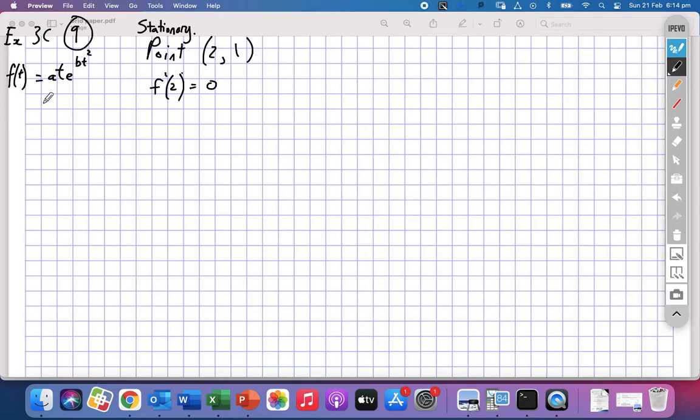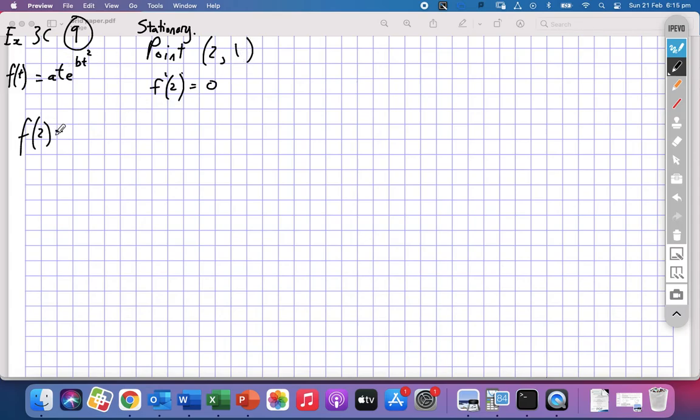Now, I like to do this before the derivative, but the order doesn't really matter. If they're giving me a point, and I've got unknowns, a's and b's, I will put the values in so that 2 goes where the t is. It's like the x value. And the function needs to be giving an answer of 1.